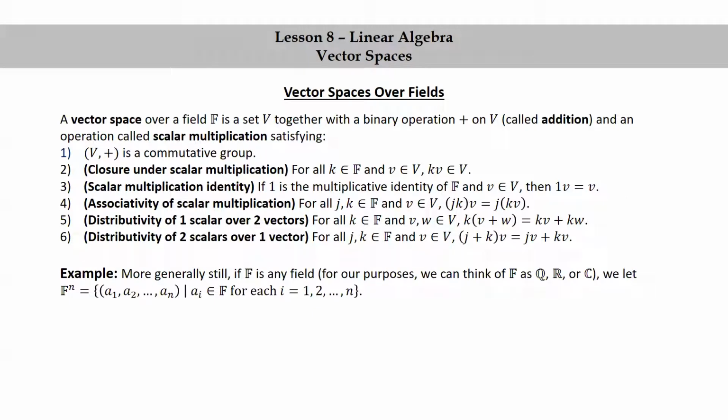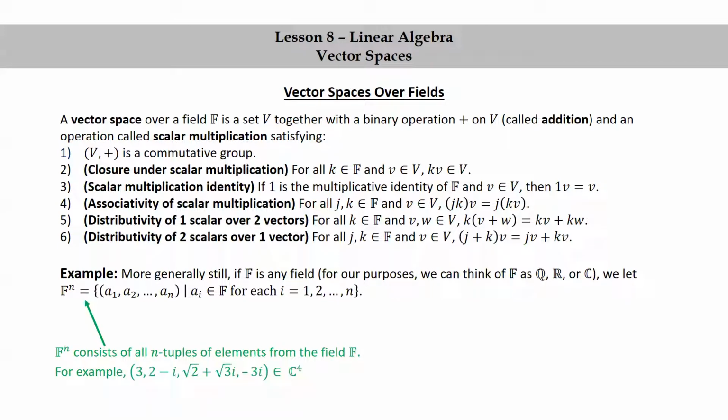More generally still, if F is any field, although for our purposes we could think of the field F as either Q, R, or C, we let Fn be the set of n-tuples (a1 through an) such that ai is in F for each i equals 1 through n. Fn consists of all n-tuples of elements from the field F. For example, (3, 2 minus i, root 2 plus root 3i, negative 3i) is a 4-tuple of complex numbers, so it's in C4, and (1, a half, a third, a fourth, a fifth, a sixth, a seventh, an eighth) is in Q8.